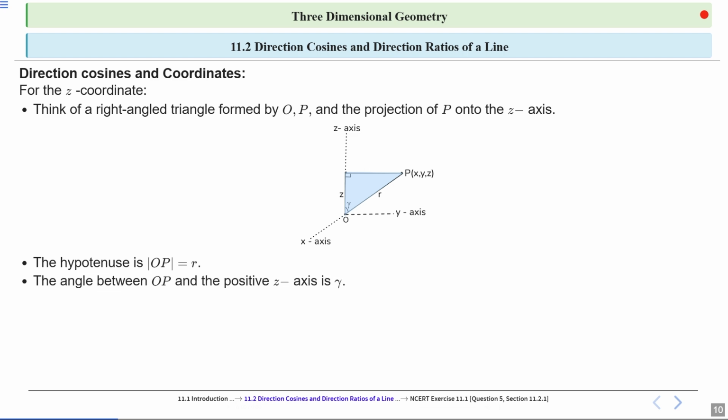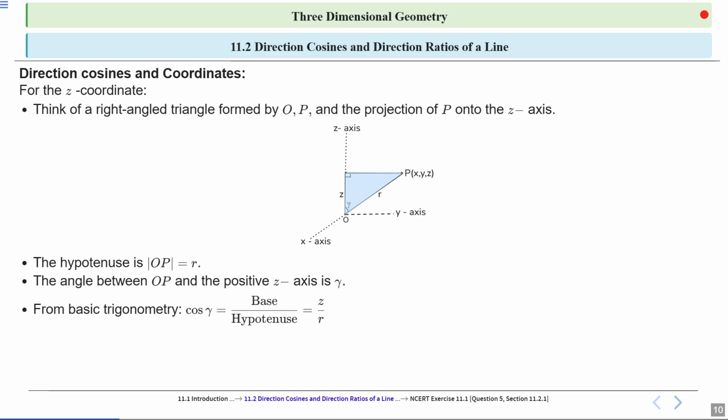The angle between OP and the positive z-axis is called gamma. This angle tells us how much OP is tilted away from the z-axis, and we will use this angle to relate the z coordinate to the length r. Using basic trigonometry, we know that the cosine of gamma is equal to the base divided by hypotenuse.